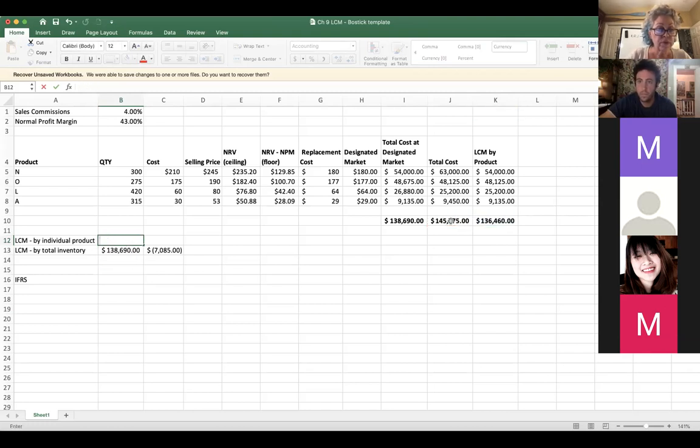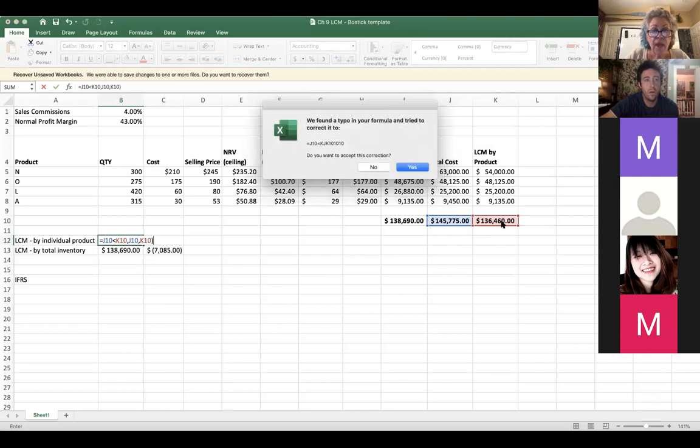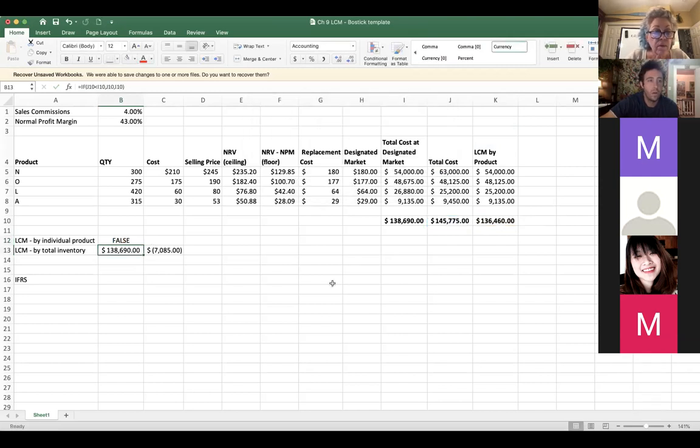Now, this one I want to write my if statement because I'm trying to determine the write down. So if my cost is less than my market, put cost, otherwise put market, and I did that earlier.